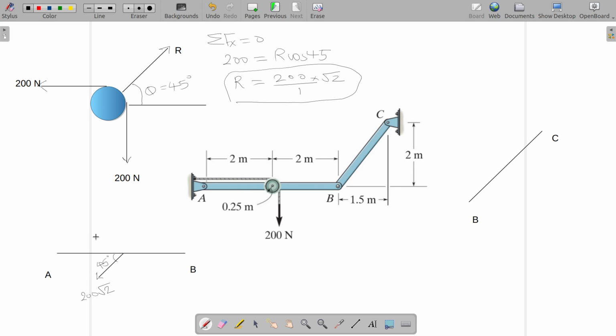Now what will be the other external forces here? So there are reaction forces, for which we can assume the direction.